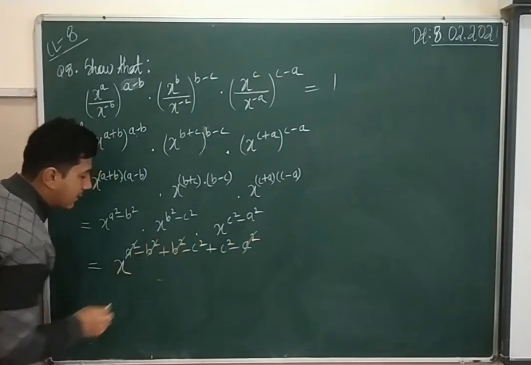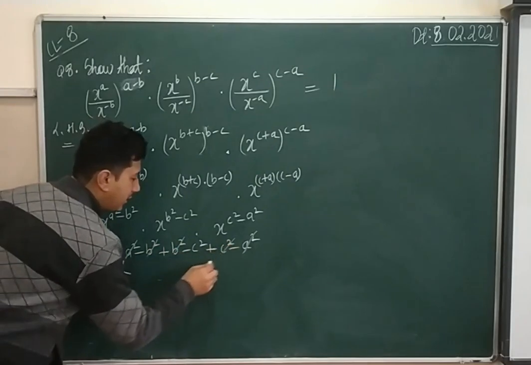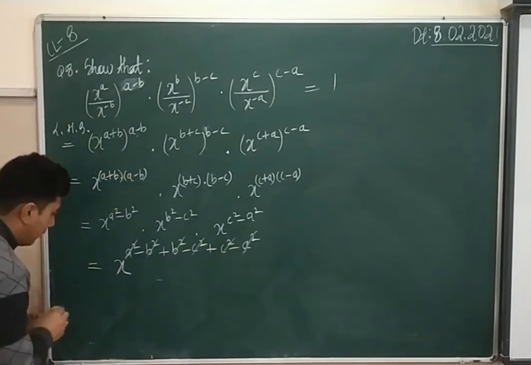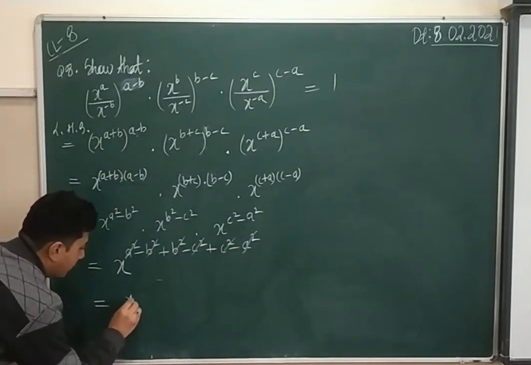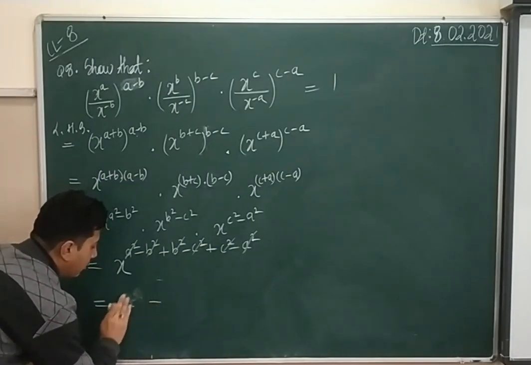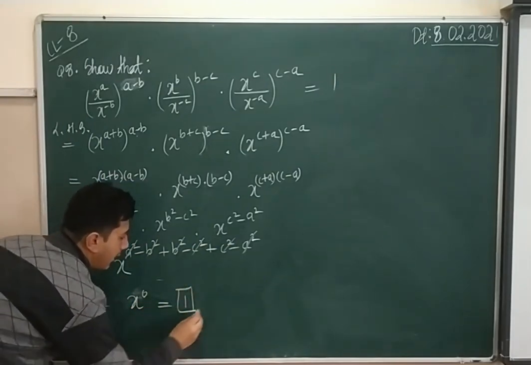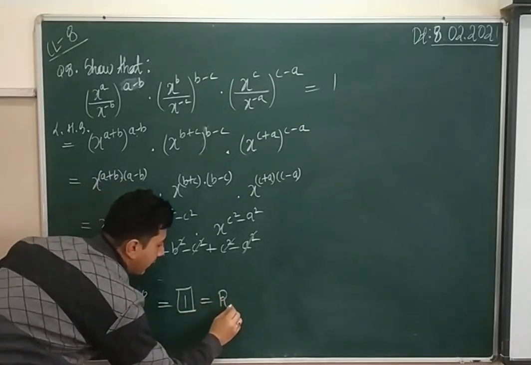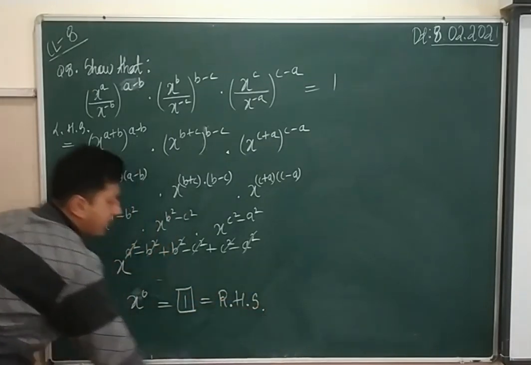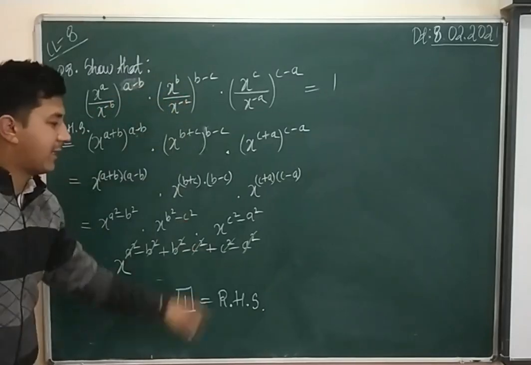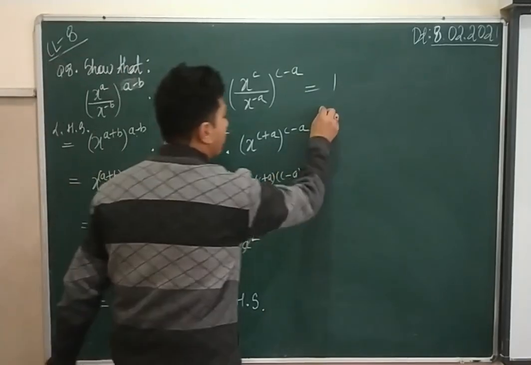Plus b square minus b square gets cancelled out, plus c square minus c square gets cancelled out. So hence this is x to the power 0, which is equal to 1, and which is our right hand side. So hence we can say left hand side equals right hand side, proved.